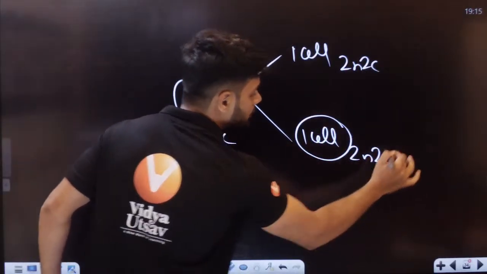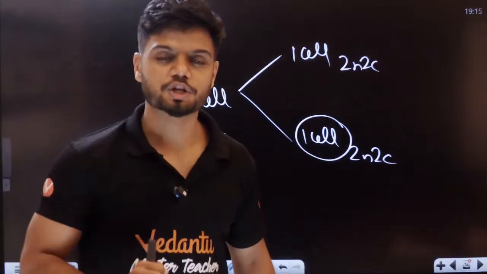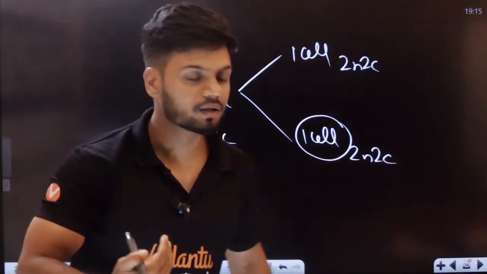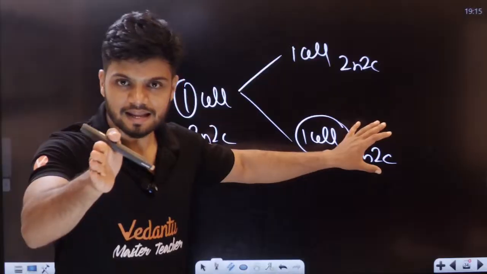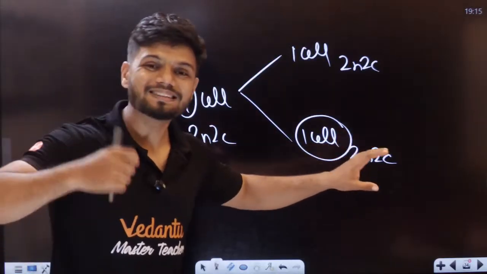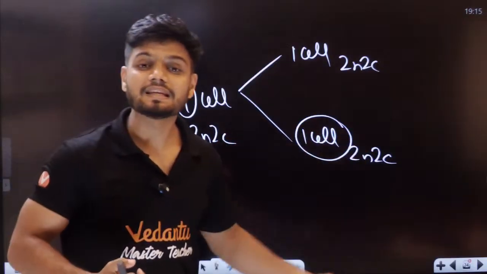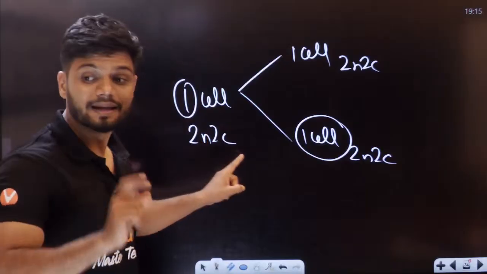So students, can I call it equational division? Because there is no change in chromosome number from the starting to the end. In the middle, yes, there was a change in anaphase temporarily, but from starting to end, there is an equal number of chromosomes. Diploid is maintained.